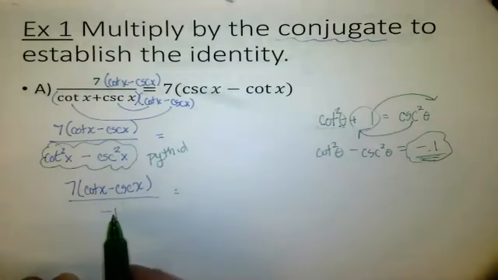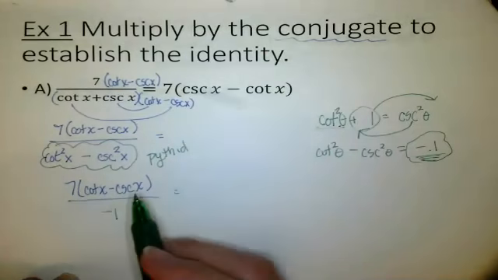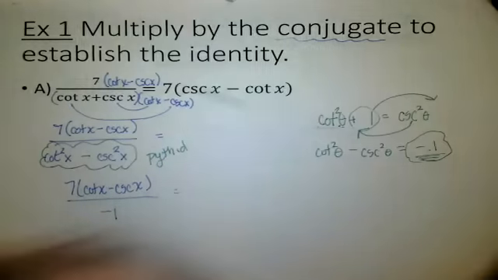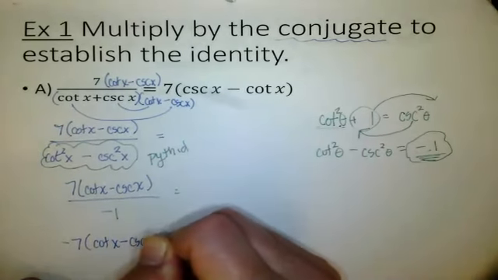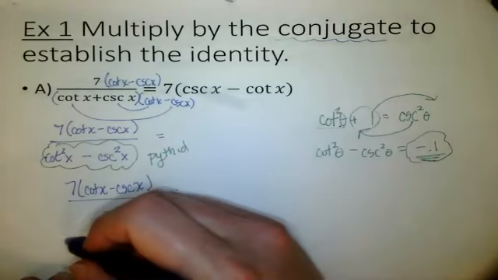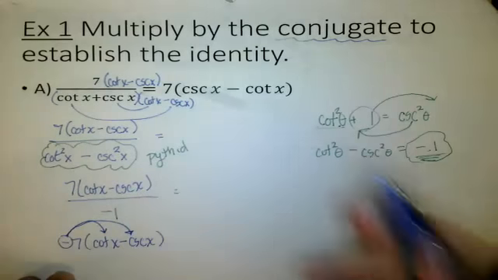This -1 we could put on the 7 if we wanted to. In fact, let me just do that. It's the same to say this is -7 times cotangent of x minus cosecant of x. What happens if I just take my negative and I distribute it?